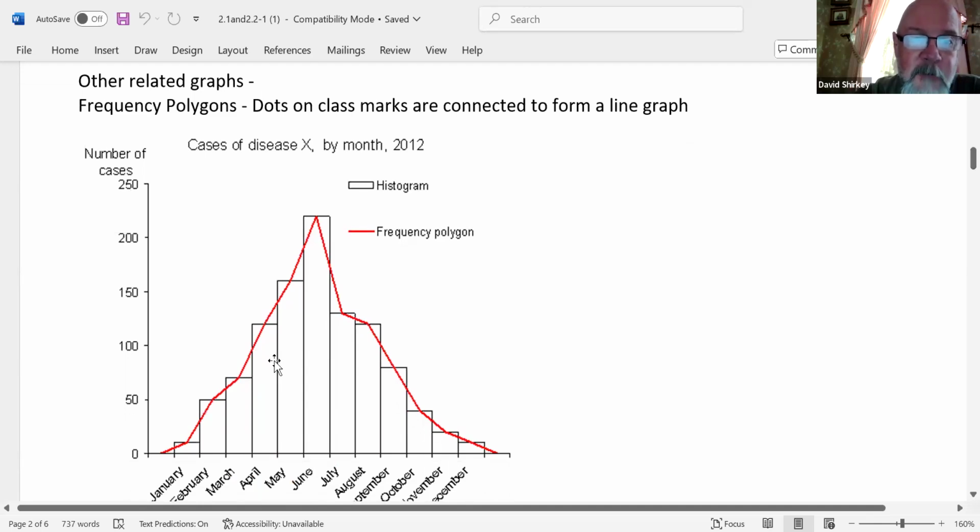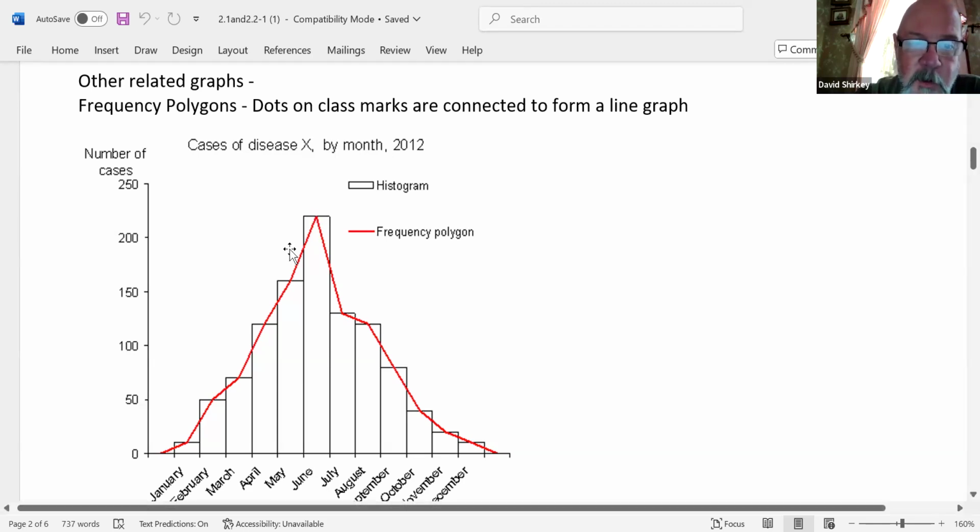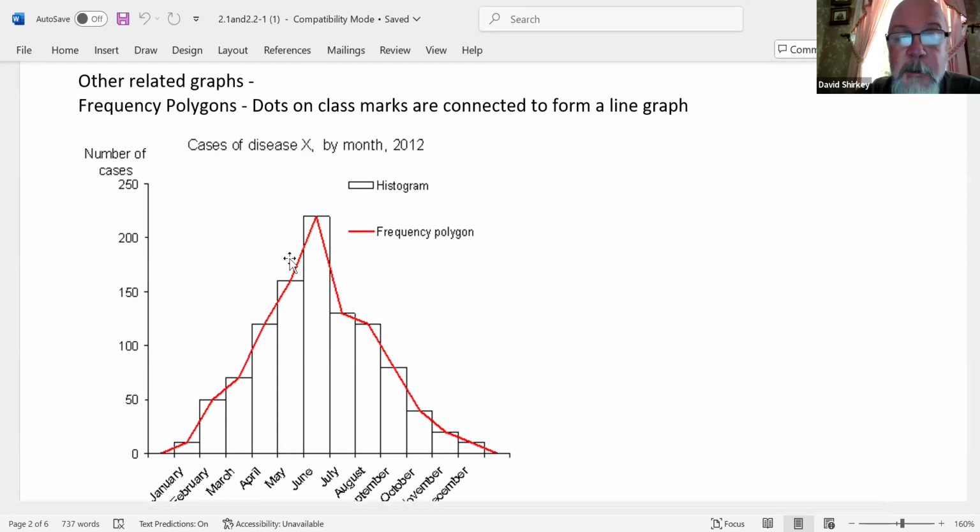And on top of that histogram, in red, they have what's called a frequency polygon. Sometimes looking at frequency polygons has an advantage over looking at the actual histogram itself. So what they've done is gone to the middle of each of these bars, found the midpoint, and then connected them with a line segment.